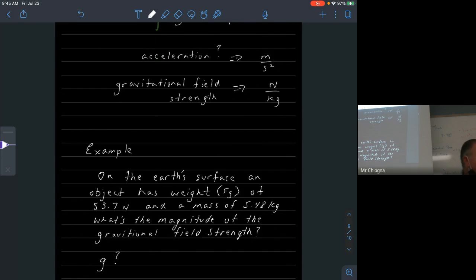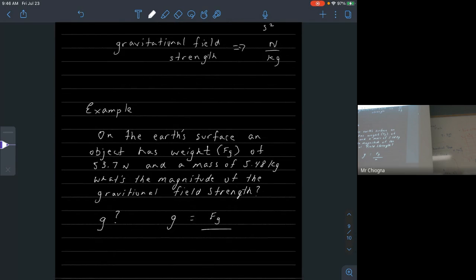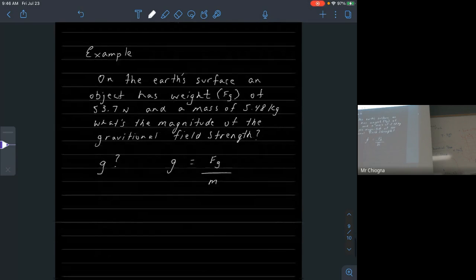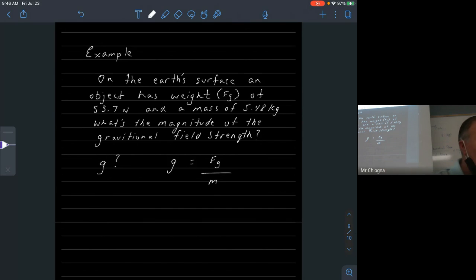I know it's down. Just divide the weight by the mass.